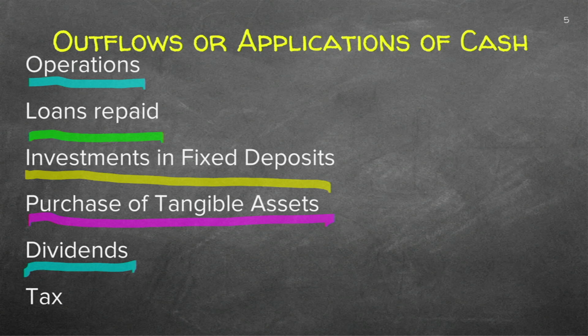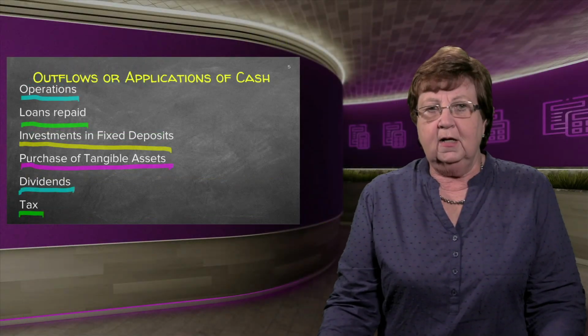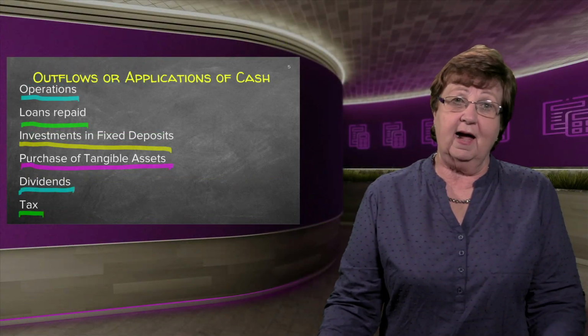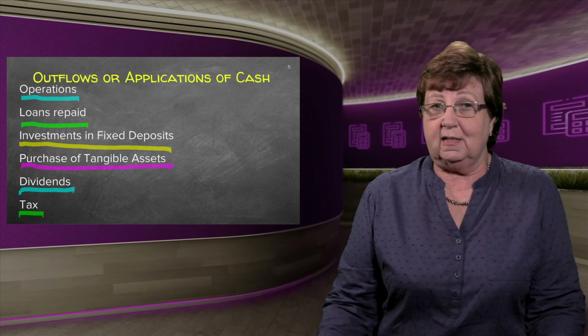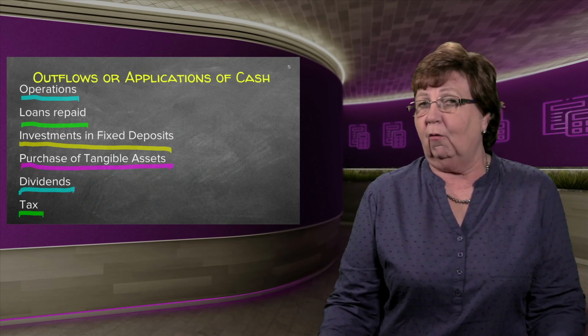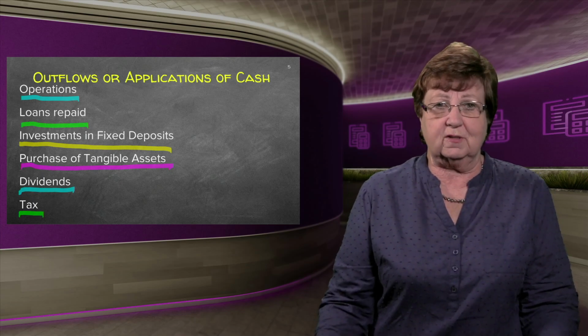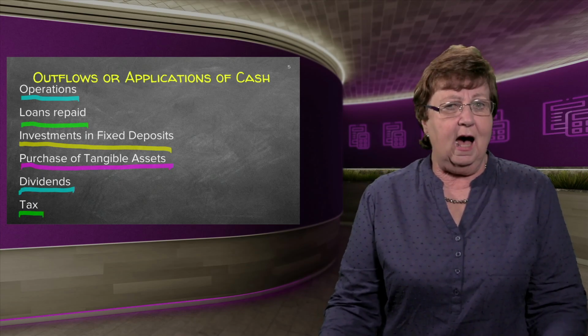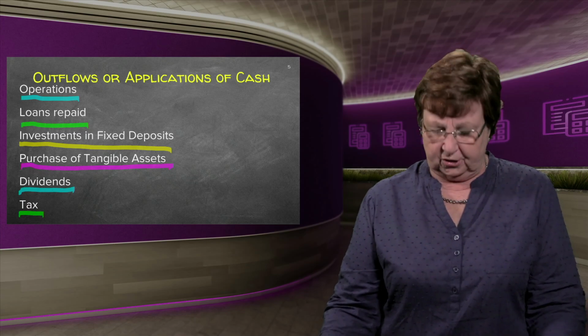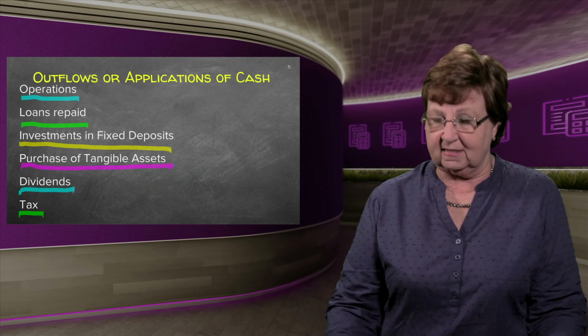And lastly, the one which nobody likes paying is our income tax. So I hope you can now differentiate between inflows of money, or in other words, when a business receives money, and outflows of money, which is when a business pays money.